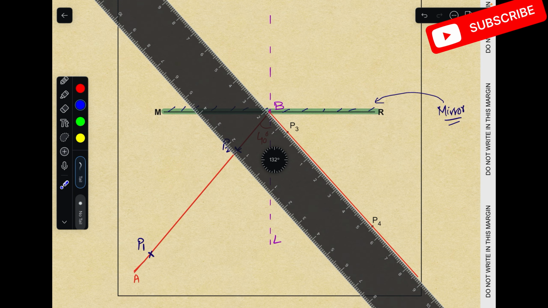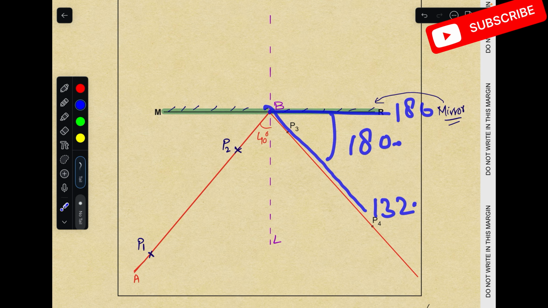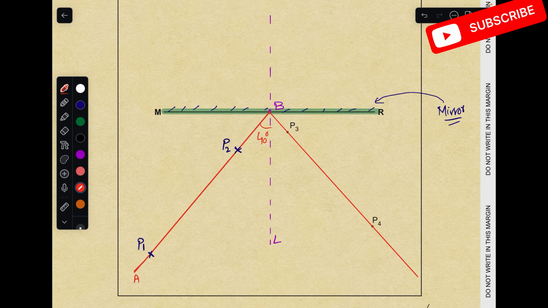On this digital scale that I'm using, this thing is showing 180, and this is showing 132. So 180 minus 132 is giving me 48 degrees. So this angle is 48 degrees as per our drawing.